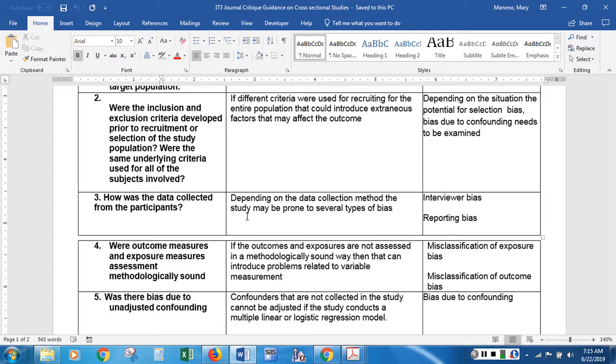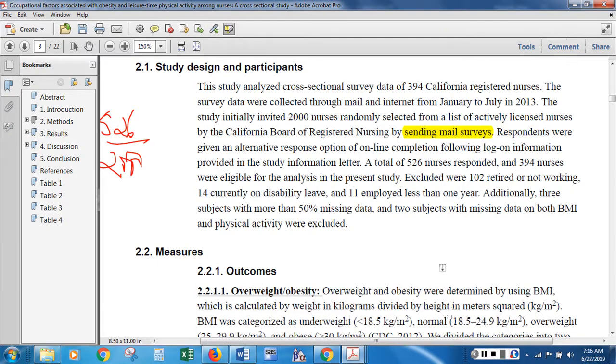One could point out to the fact that looking at the surveys, let's dig a little bit deeper. It doesn't state that the nurses were required to provide information about their personal information.